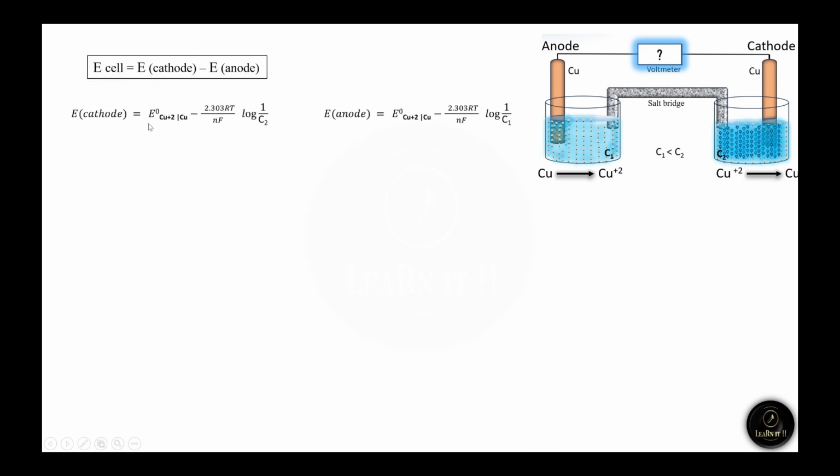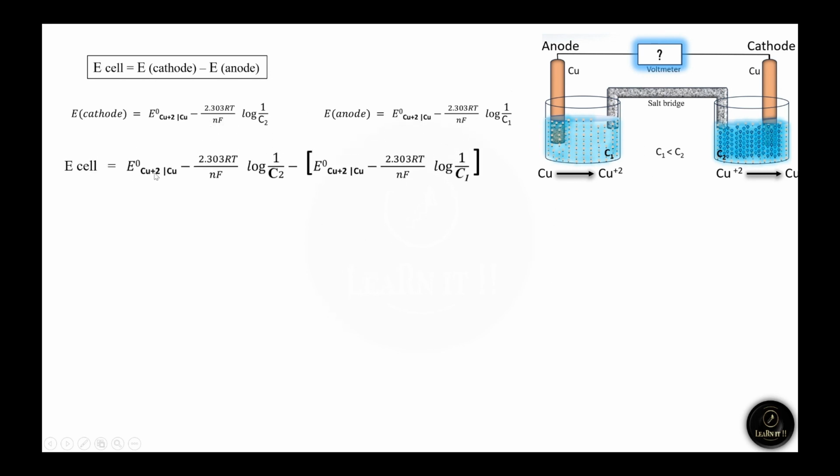E of cathode is E naught of the Cu minus 2.303 RT divided by NF log of 1 by the concentration of the cathode, that is C2. E of the anode is E naught of the copper minus 2.303 RT divided by NF log of 1 divided by concentration C1, meaning the left hand side.